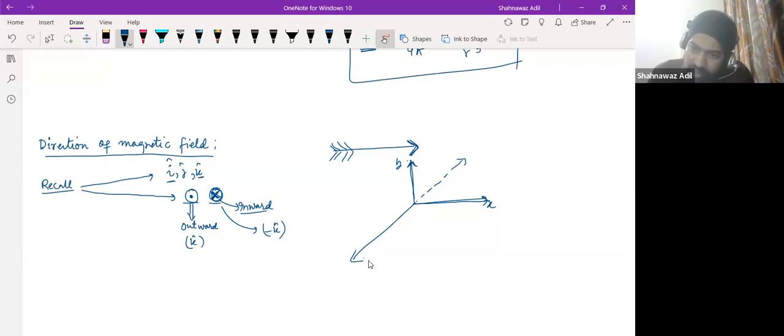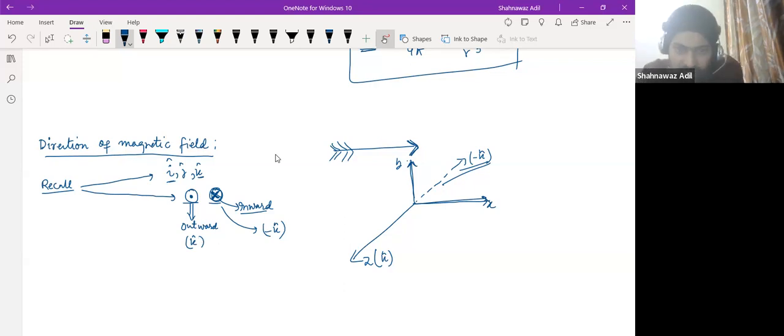So this is z. So this would be k hat, and this would be minus k hat. So inward is minus k hat, outward is k hat. So we have to always be very careful with these directions, right? Is it clear? Yes, sir.